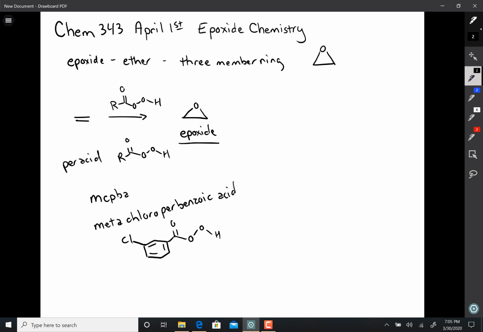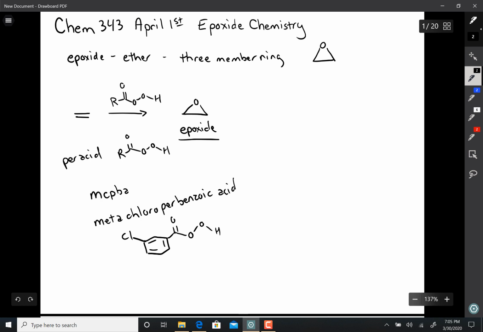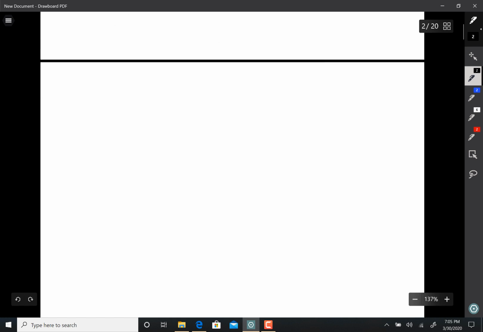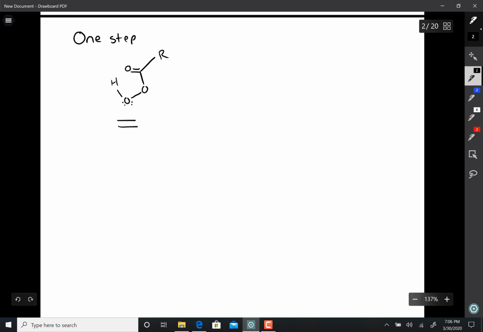Now, the mechanism of this reaction is one that uses the most arrows, but still just one step. And there's a couple different ways you can draw it. That's what's known as a concerted reaction, in which the lone pair on this oxygen goes to one of the carbons.